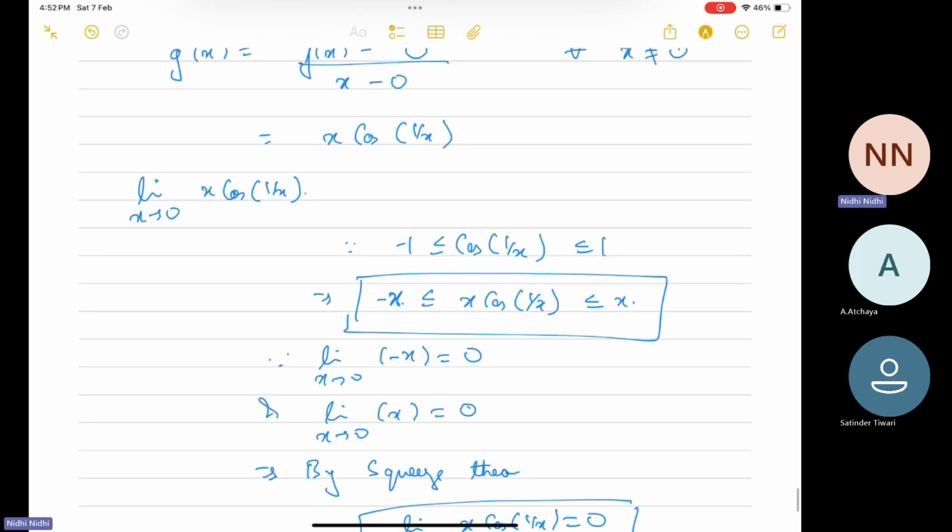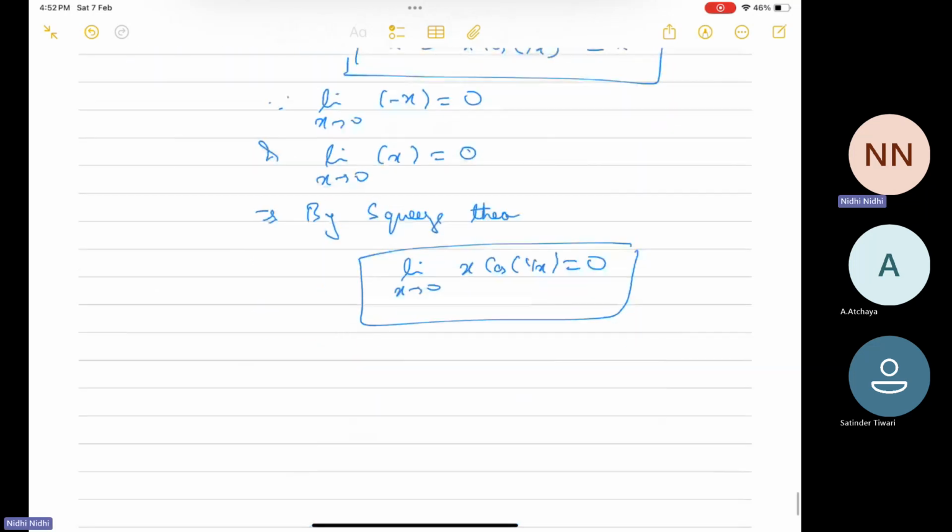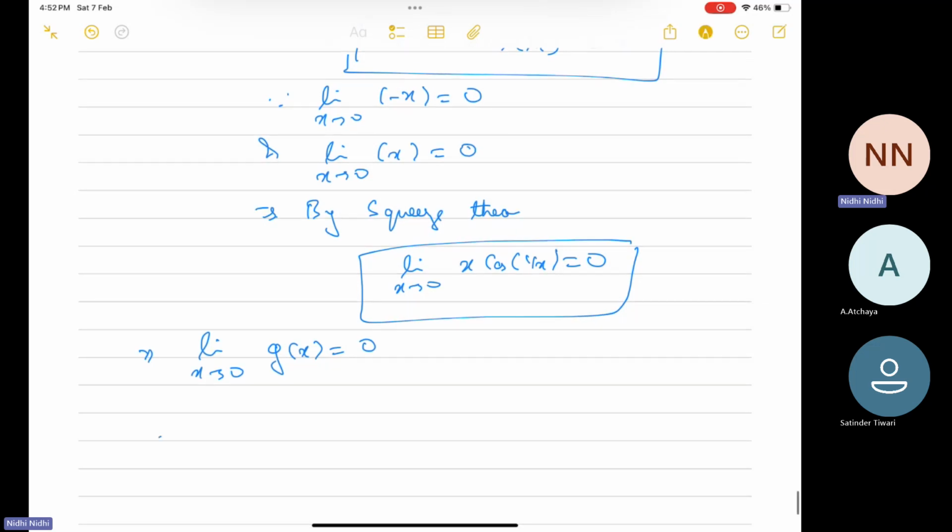Now, since this is equal to 0, this implies limit x tending to 0 of g(x) exists and it is finite. Therefore, the function f is differentiable.